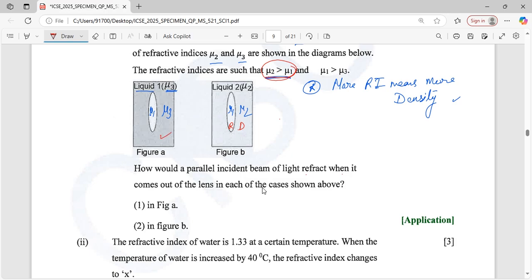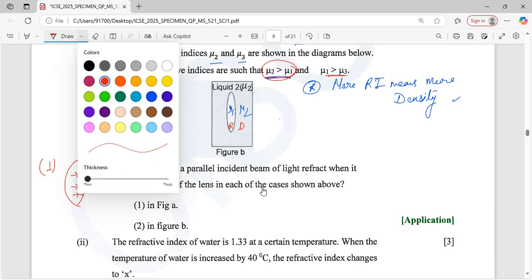Here we see that mu1 is greater than mu3, so means denser and that is rarer. So in figure 1, this is a convex lens, and the parallel light goes from denser to rarer.